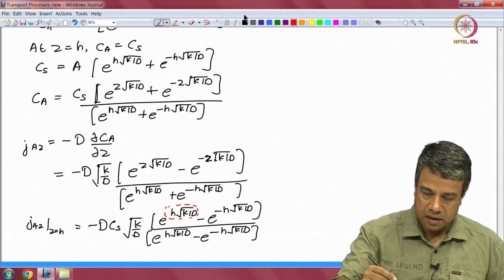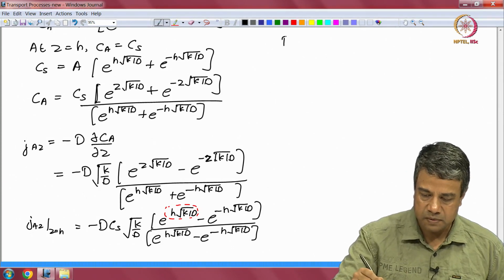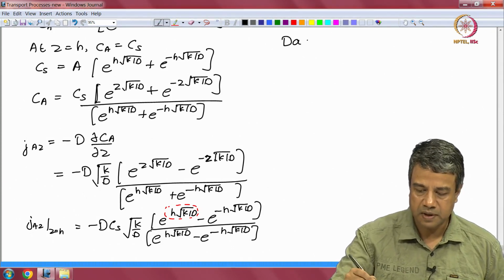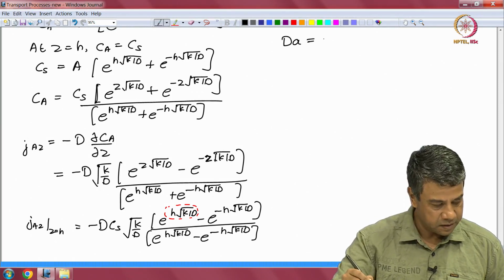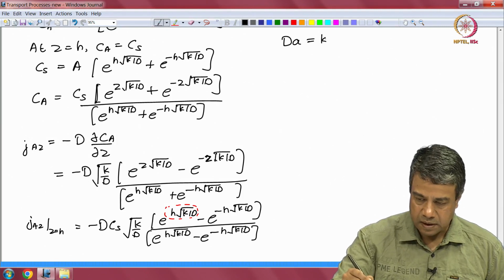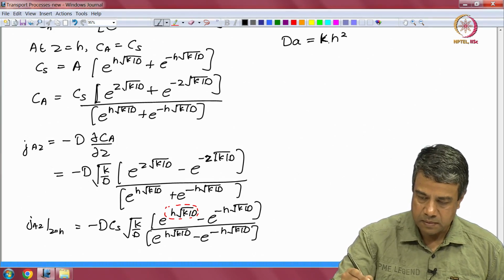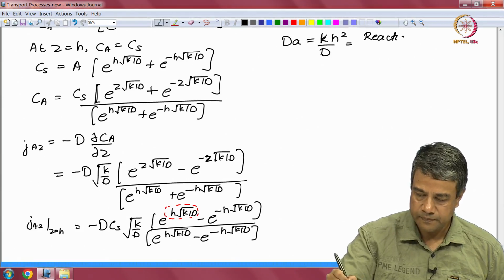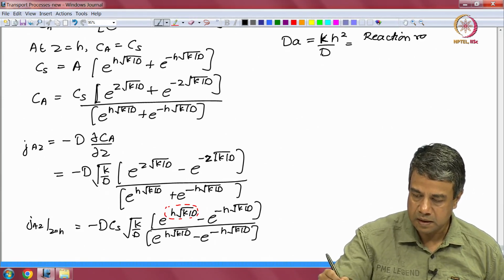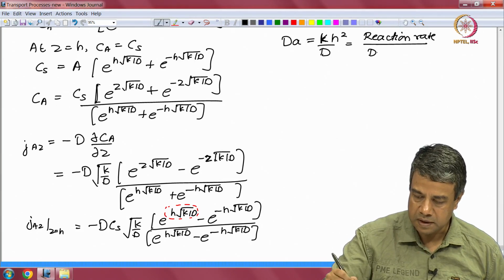The formal definition of the number is what is called the Damkohler number, which is equal to the square of this actually. K h square by d is equal to reaction rate by diffusion rate.